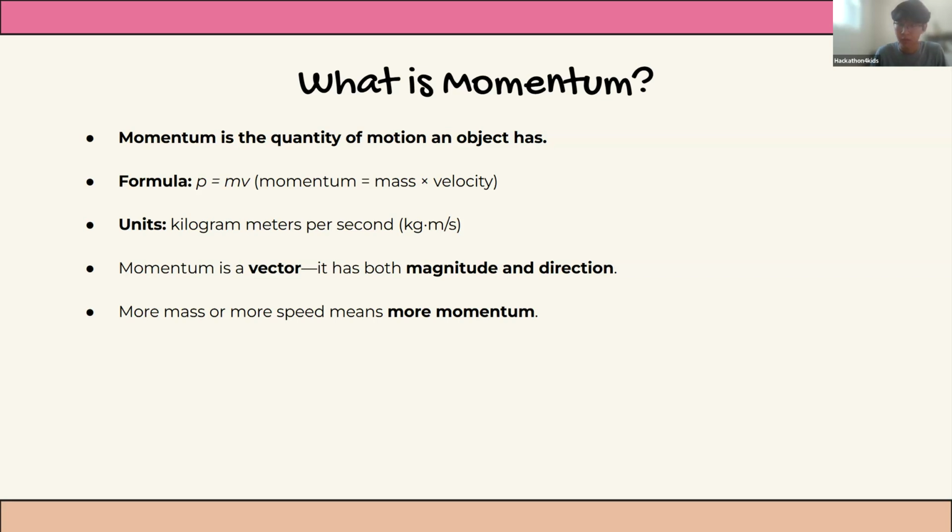So that's really it for momentum. Our next slide will be on the law of conservation of momentum, really similar to the energy one, but a little bit different and it uses some different formulas.